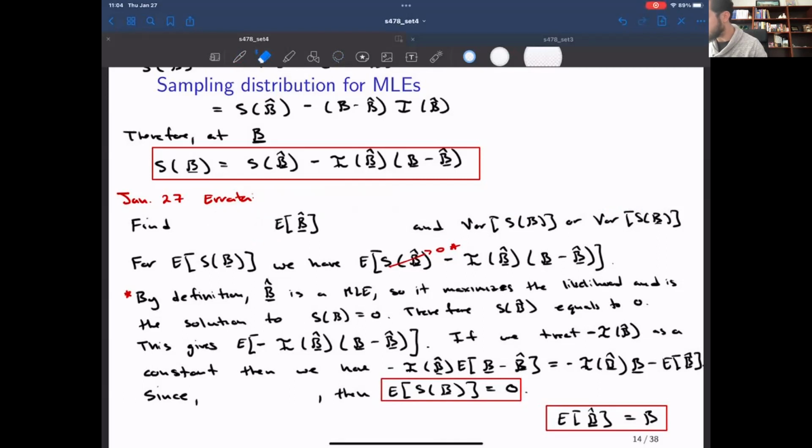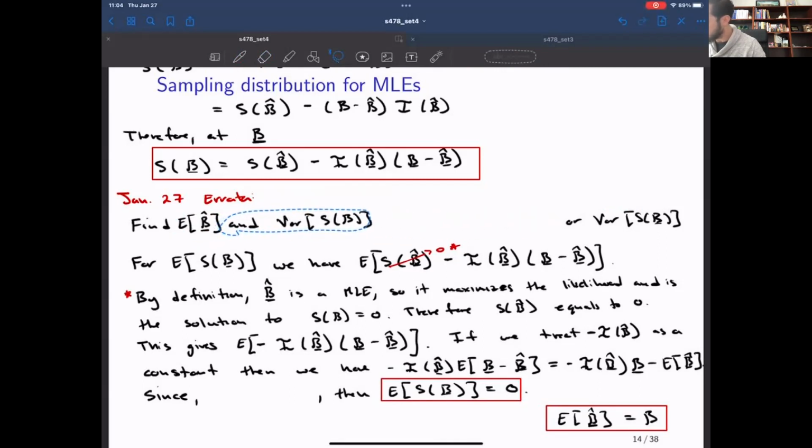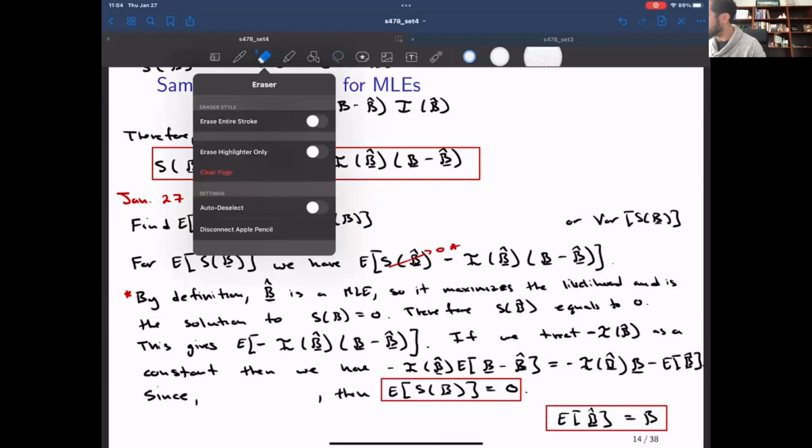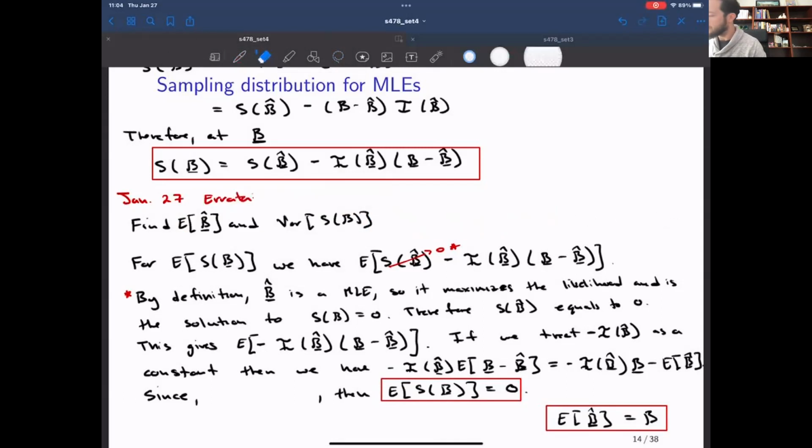We want the expected value of this, and we want its associated variance. What we're actually looking for is the sampling distribution of beta hat.